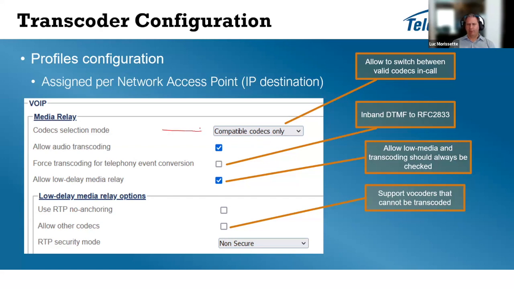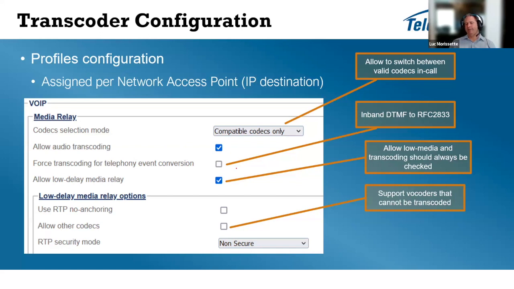Here there's an option for codec selection. Either you use all compatible codecs, so in a call you can switch between codecs, or here you can use only the active codec. Then, for example, if you choose G711 MULA, it's going to stick to G711 MULA for the duration of the call.